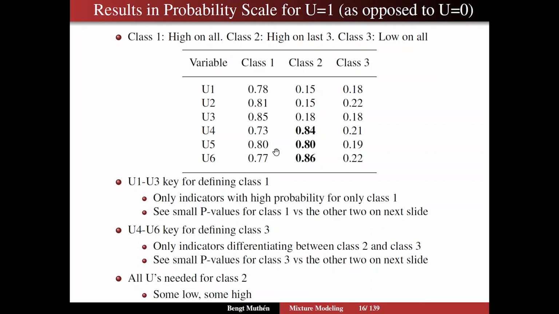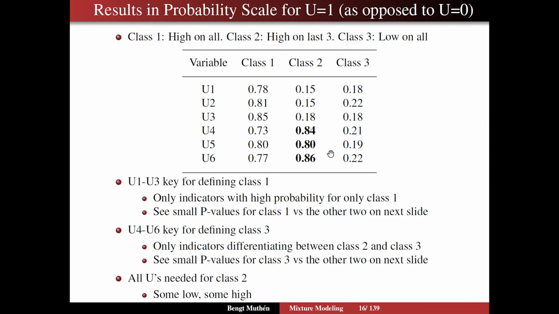These indicators have high probabilities only in class 1, not in class 2 or 3. Whereas U4 through U6, they're high also on class 2. So the first 3 are key for defining class 1. U4 through U6, the last 3, they're key for defining class 3, is what I claim. Not class 2, but class 3.